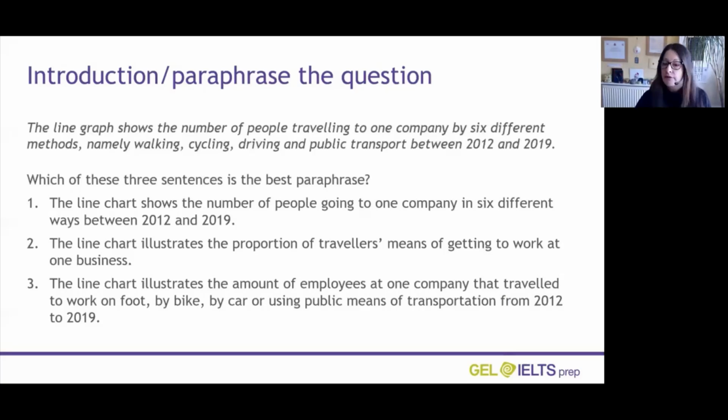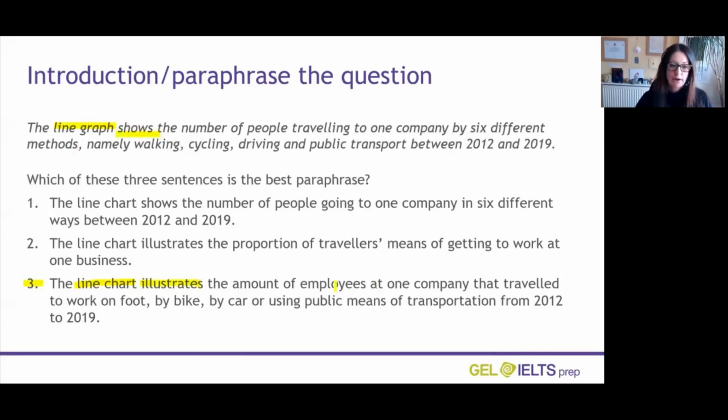Okay, so the best paraphrase here is number 3. Now this section, number 3, talks about all the different parts of the question that we can see. So it talks about the chart or the graph that we see above. We've got a synonym here for shows, illustrates.